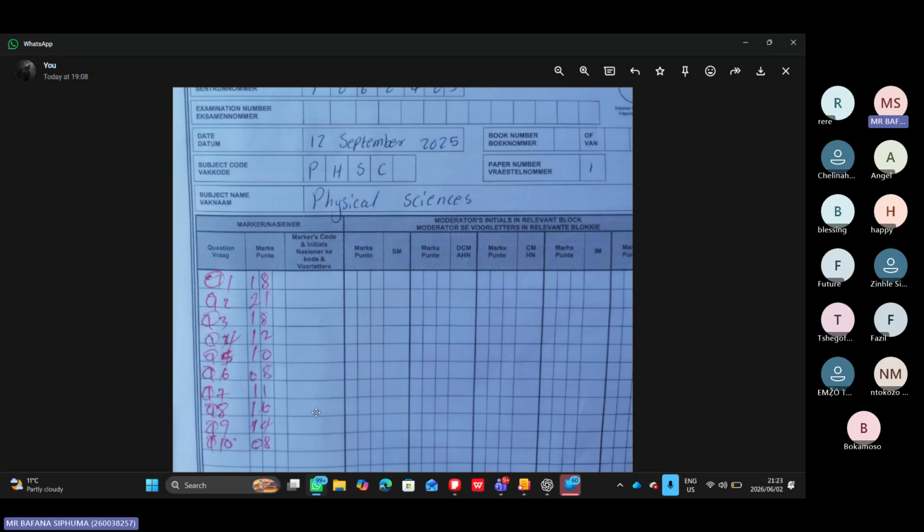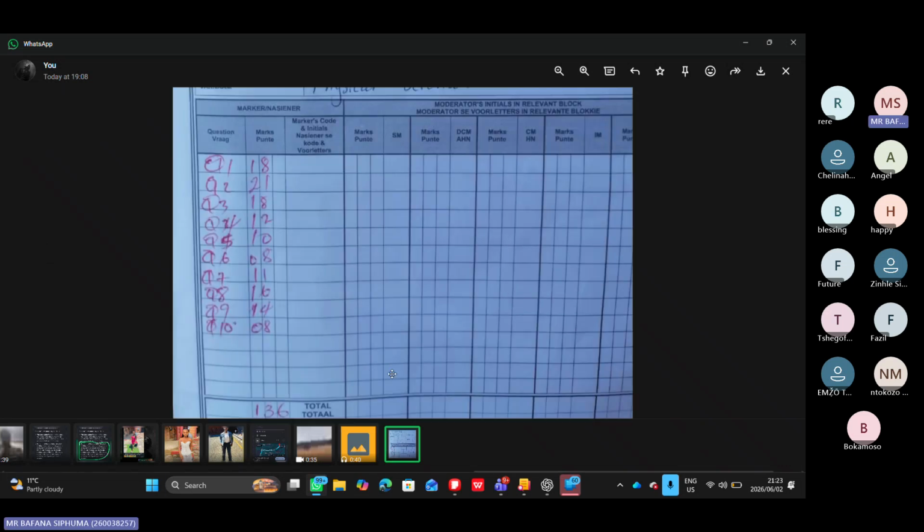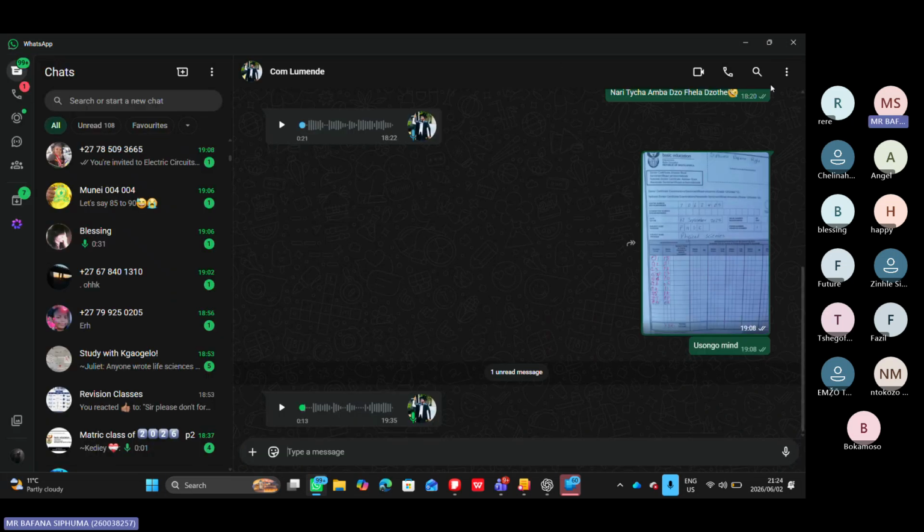Then the last question was electrostatics, out of 21, and I got 11 out of 21. Imagine electrostatics, the thing that I did from grade 11. I lost marks in that question, if you can see it there.